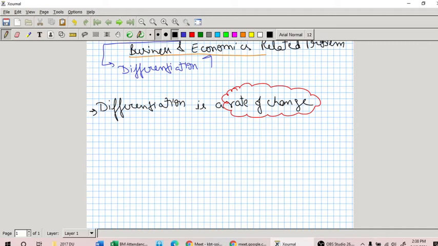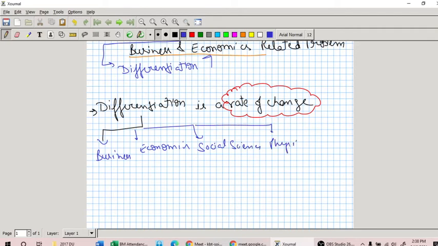So you will find the application of derivatives in business, in economics, in social sciences, physics, engineering, and in many subjects.